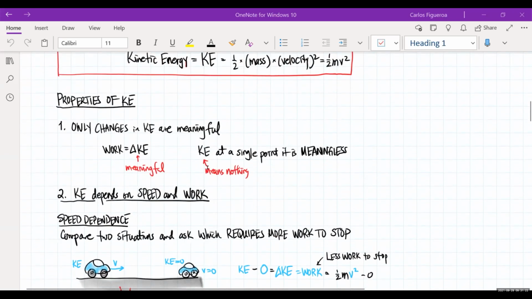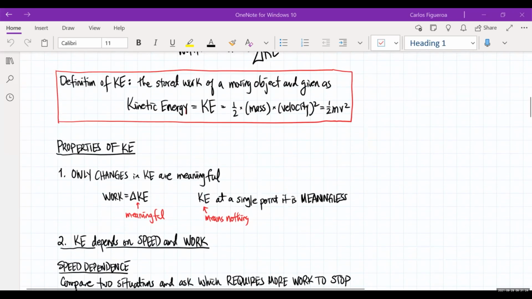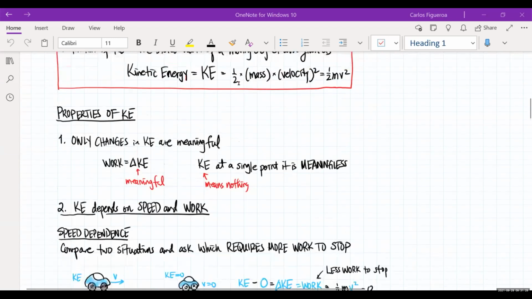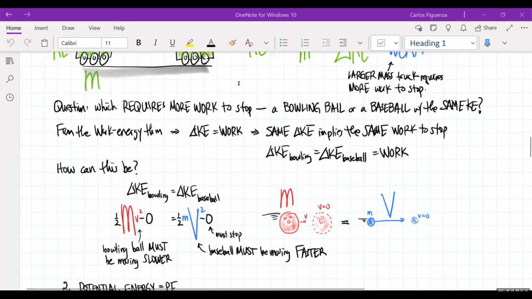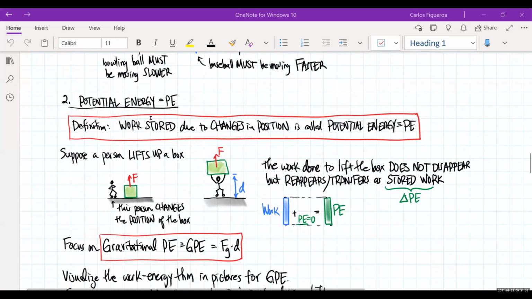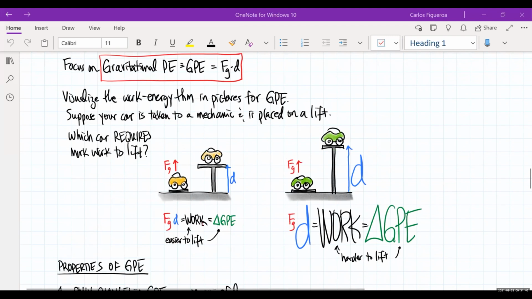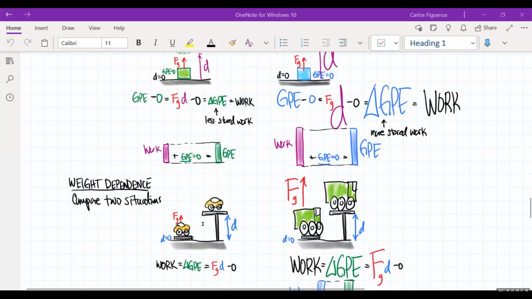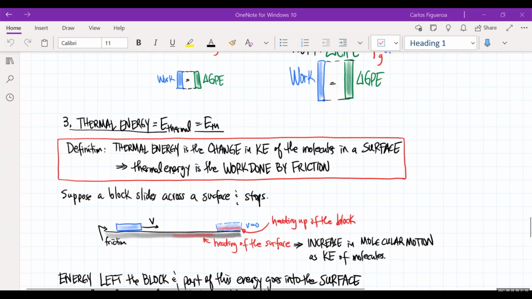The definition of kinetic energy is the work stored in moving or stopping an object. And potential energy is the work stored due to changes in position. Here we specifically refer to potential energy, but there are other potential energies that we will talk about throughout this course. And then we got to thermal energy.